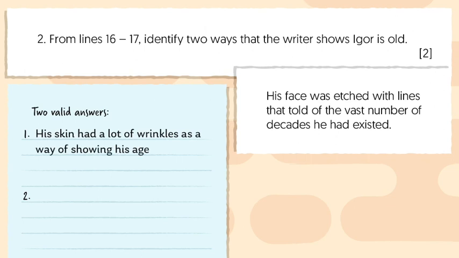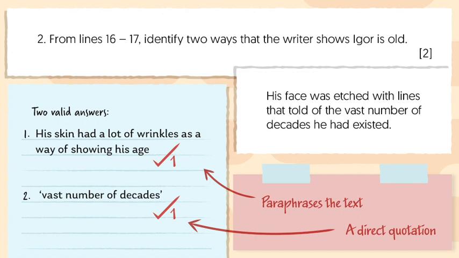In your answer, you could accurately write, 1. His skin had a lot of wrinkles as a way of showing his age, and 2. "Vast number of decades", in quotation marks. 1 point paraphrases the text, and 1 is a direct quotation, but they both get a mark.